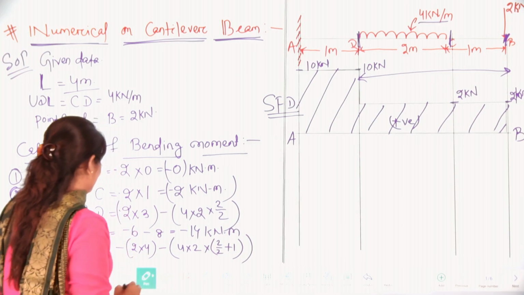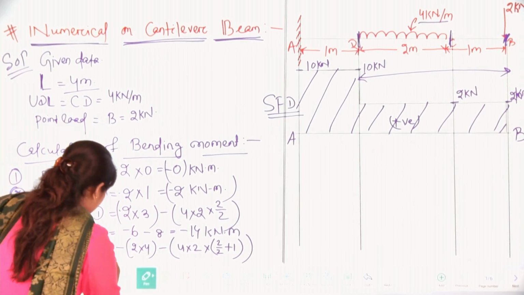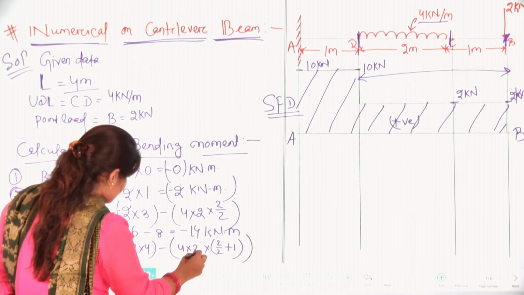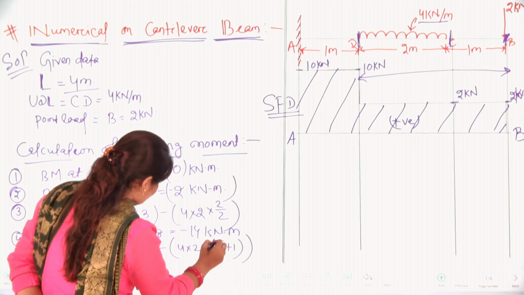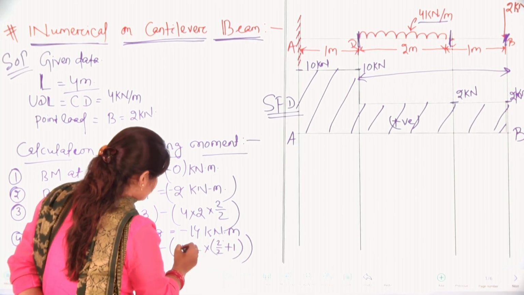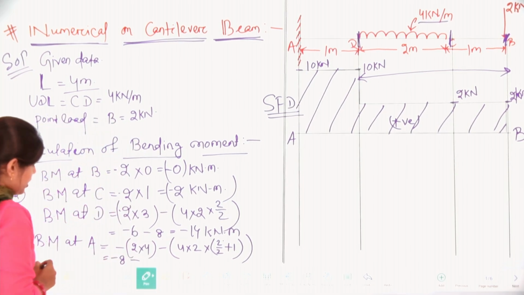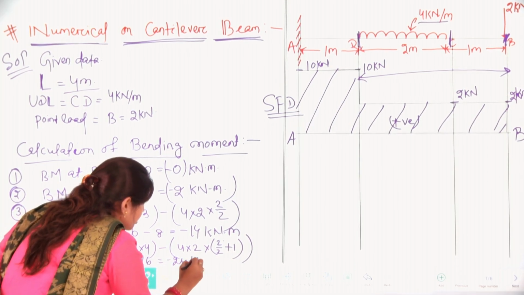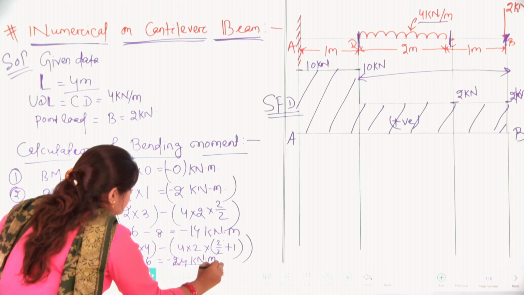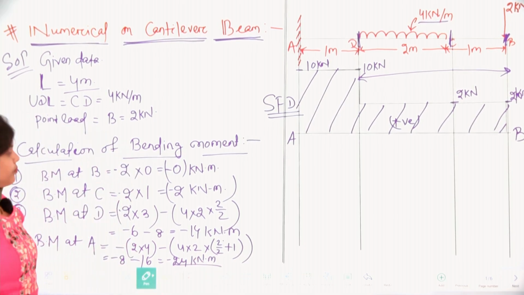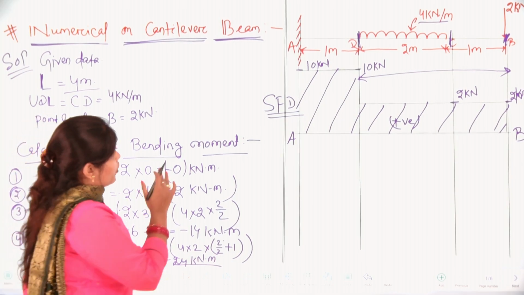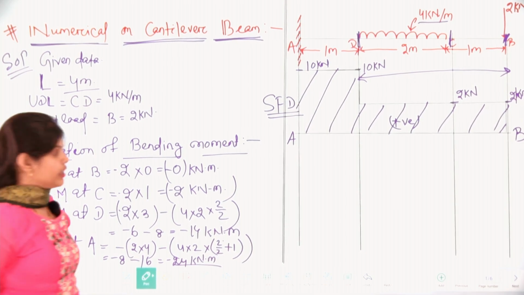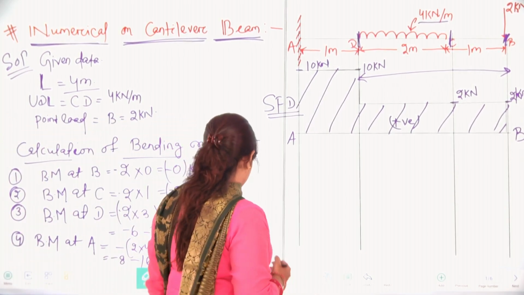Here you will have minus 8 minus 16, since 1 plus 1 is 2, 2 into 2 is 4, 4 into 4 is 16. You will have minus 24 kilonewton meter. So, at point A you will have bending moment as minus 24 kilonewton meter.